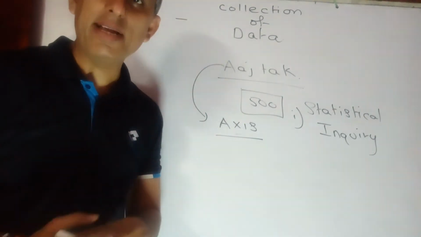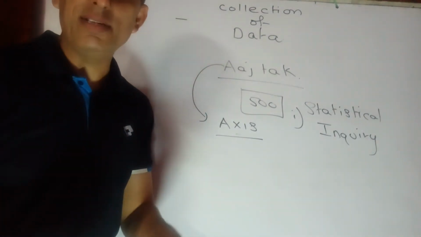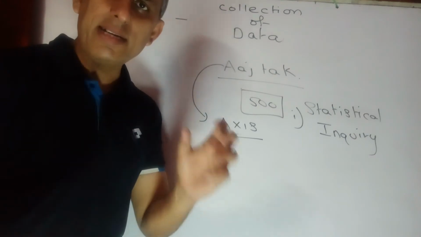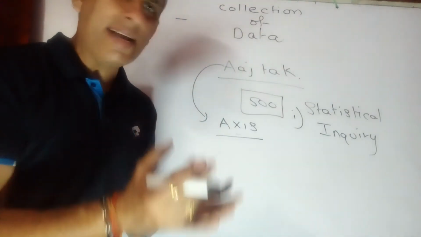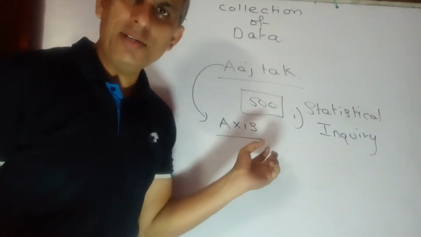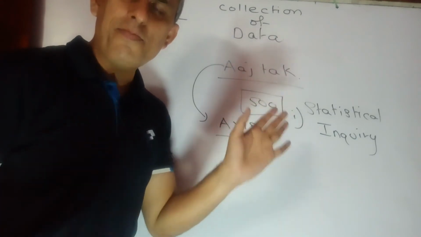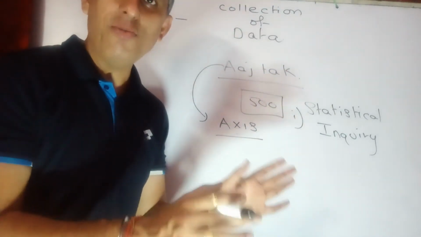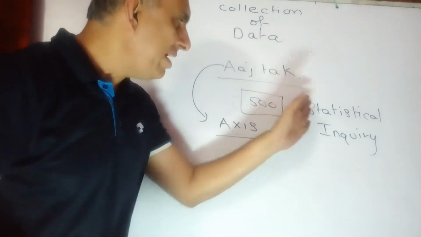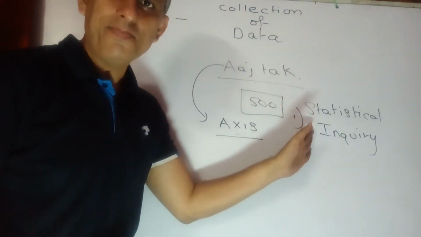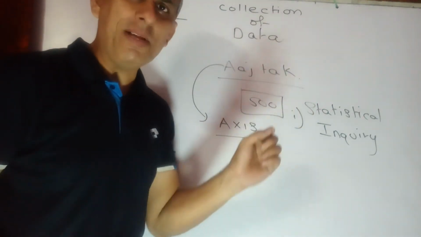What is statistical inquiry? It's a type of investigation conducted to arrange quantitative information with predetermined objectives. I hope all of you are understanding it. Now, in a statistical inquiry, there are a few people involved.